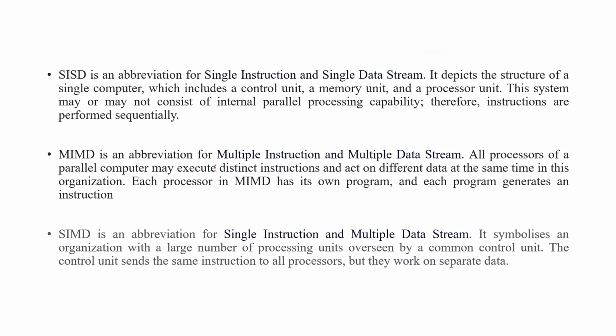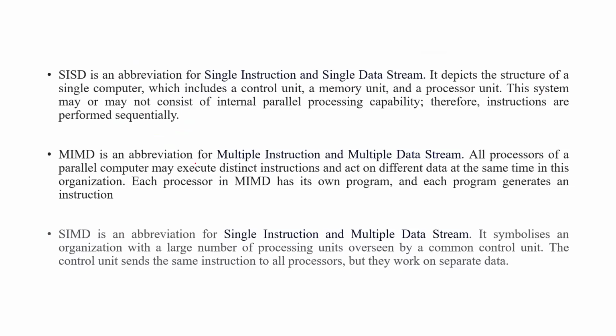Now we can see what is SISD. SISD is the abbreviation of single instruction and single data stream. It depicts the structure of a single computer which includes a control unit, memory unit and processor unit. This system may or may not consist of internal parallel processing, and it performs sequentially, one by one. What is MIMD?